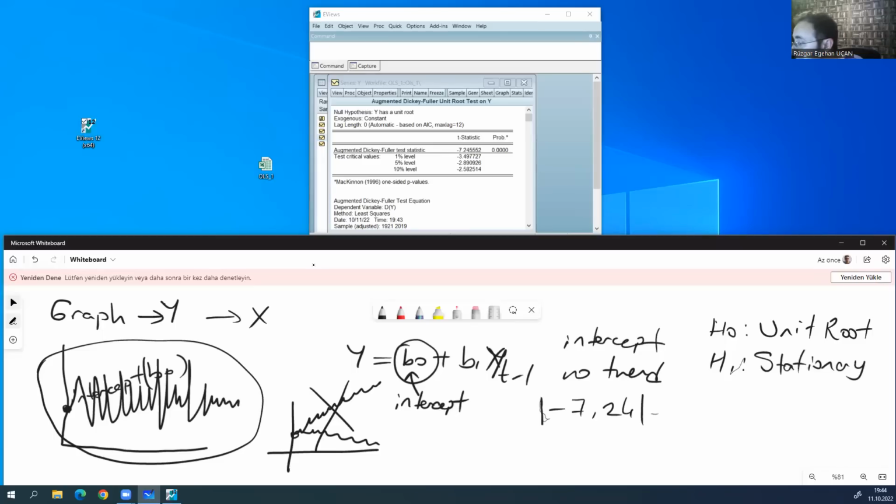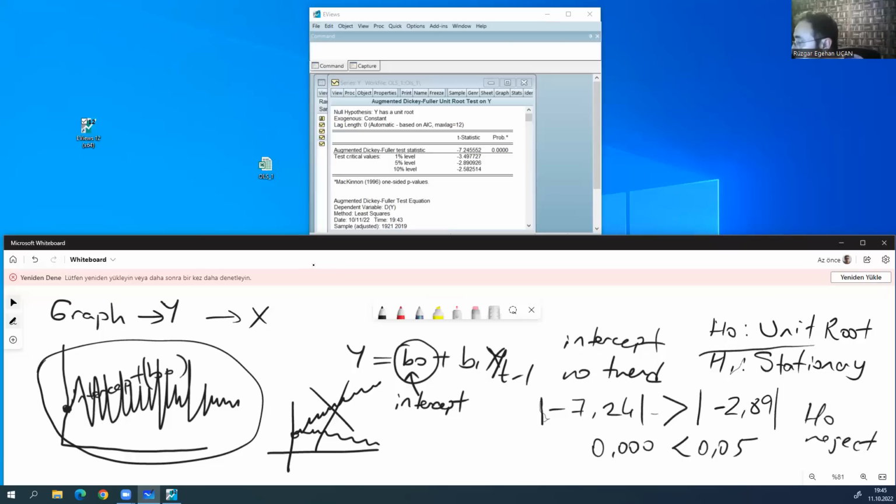And you see that it is bigger than 2.89, again in absolute value. So if this is like that, or if you look at the prob value, it is 0.000. It's also smaller than 0.05. So if the case is like that, we reject H0.